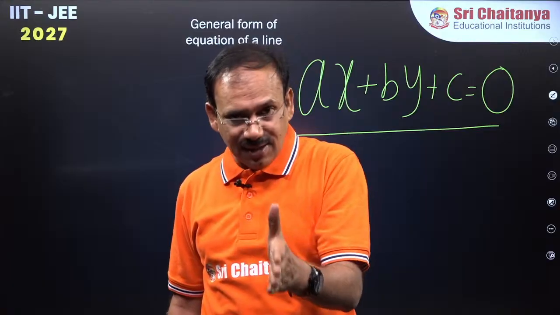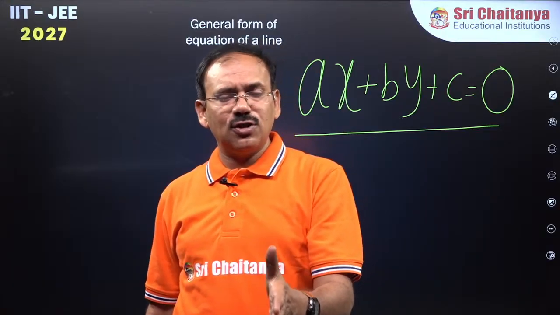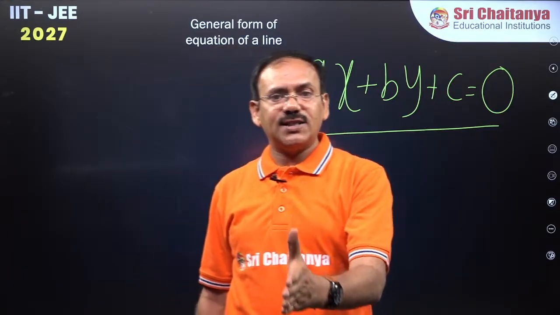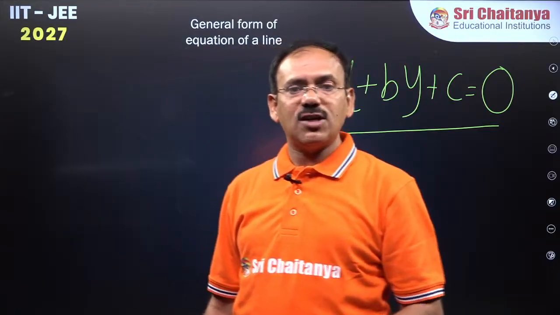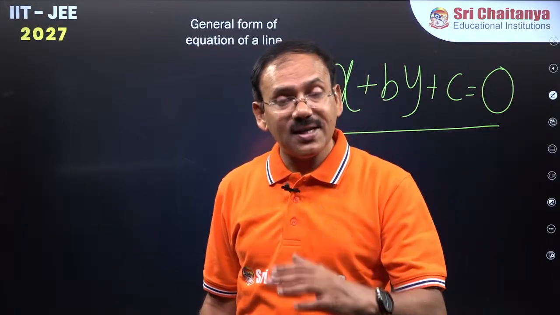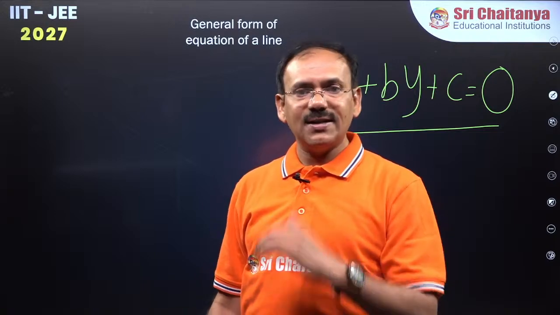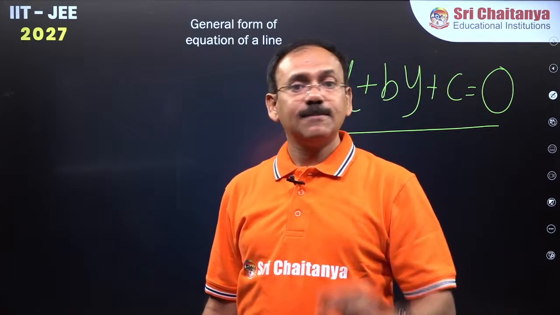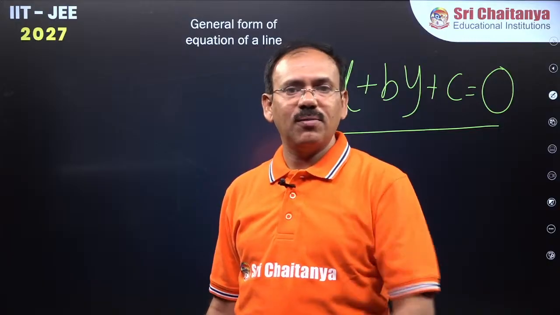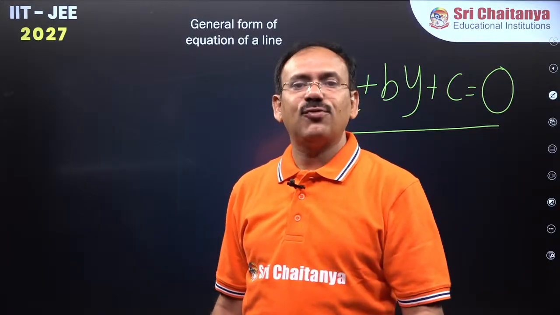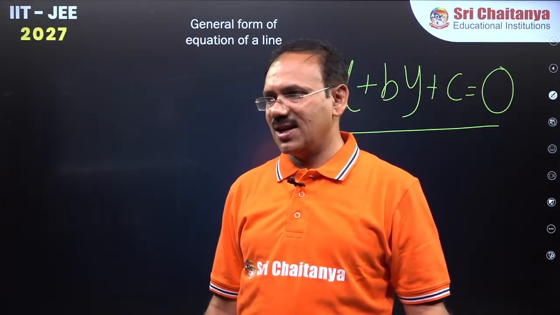For the vertical line, y-axis is x is equal to 0. Any line parallel to y-axis will be like x is equal to some number. And to talk about the equation of any line, we have defined inclination, slope, intercept, with the help of which slope point form, 2-point form, slope intercept form and intercept form, general form we have discussed.